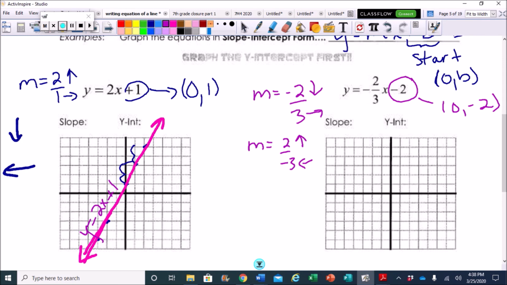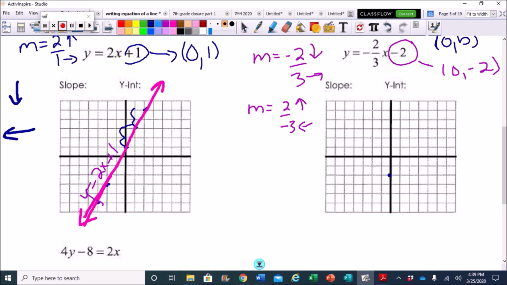So let's start from (0, negative 2). And then from there, I've got down to the right 3, down to the right 3. So then I can go up to the left 3, up to the left 3.